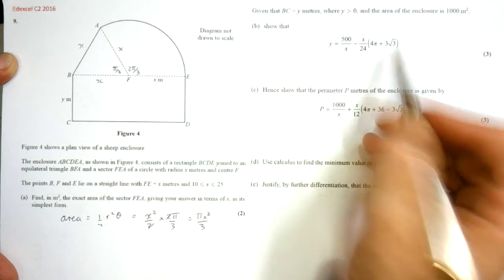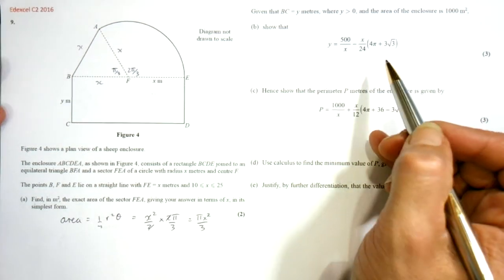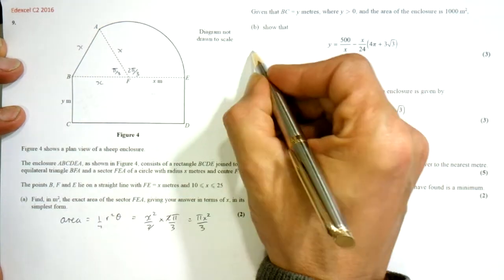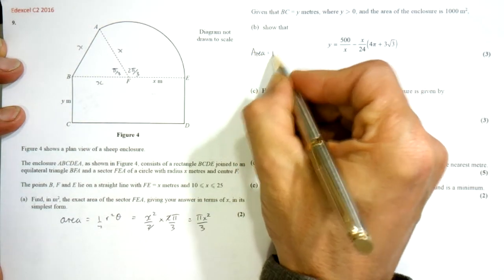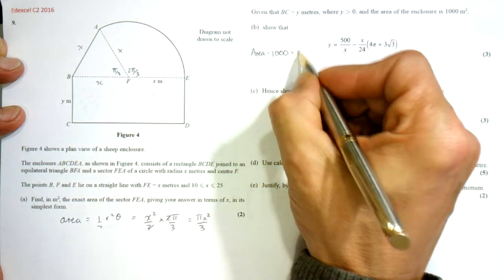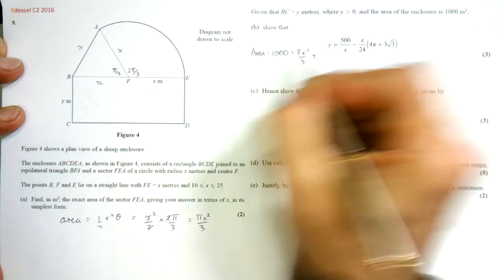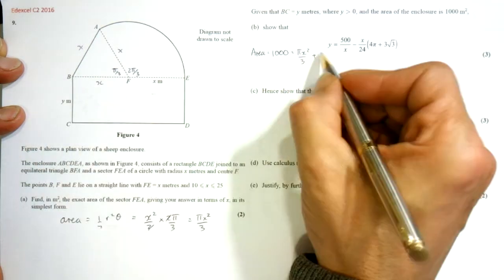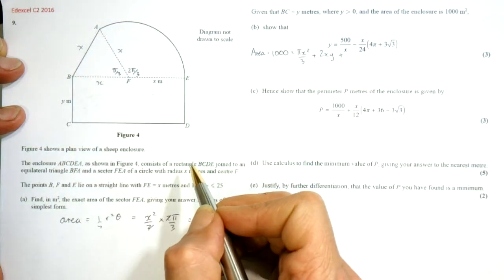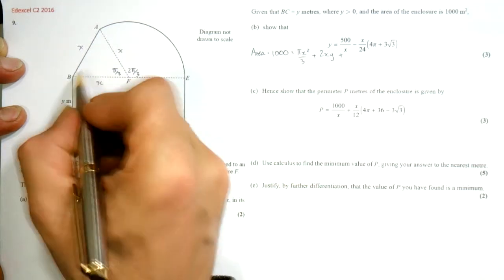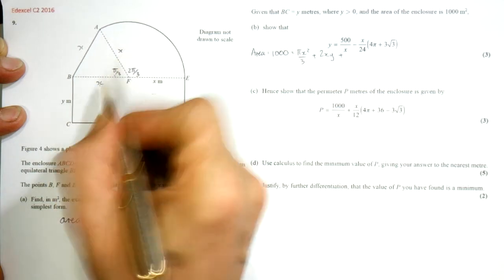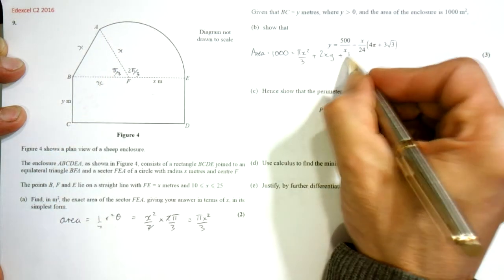Part B. Show this. So given BC is y, the area is 1000. So area equals 1000, and that's equal to pi x squared over 3 plus 2x times y for the rectangle plus, so equilateral triangle has an area of half times AB, sine of angle between them, so half x squared sine pi by 3.